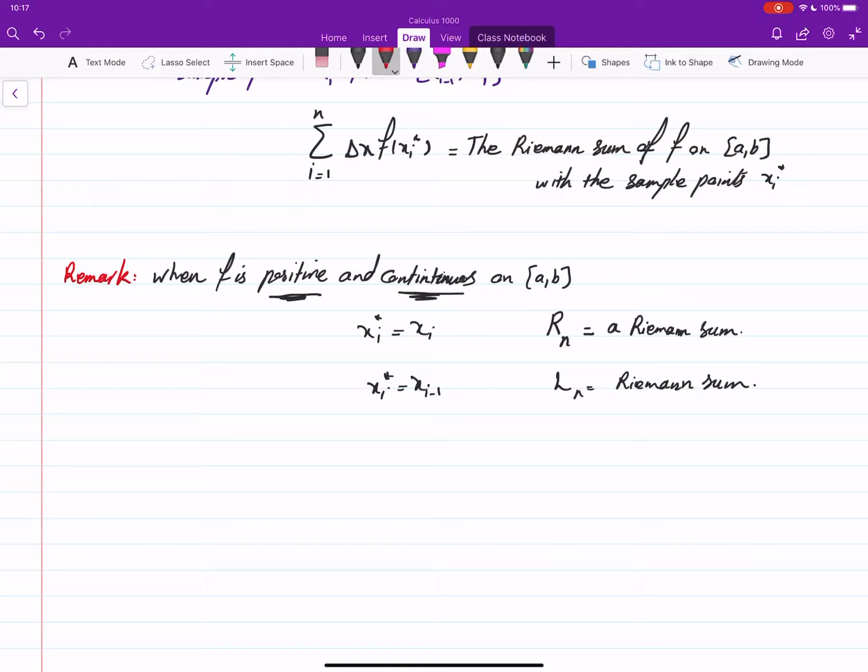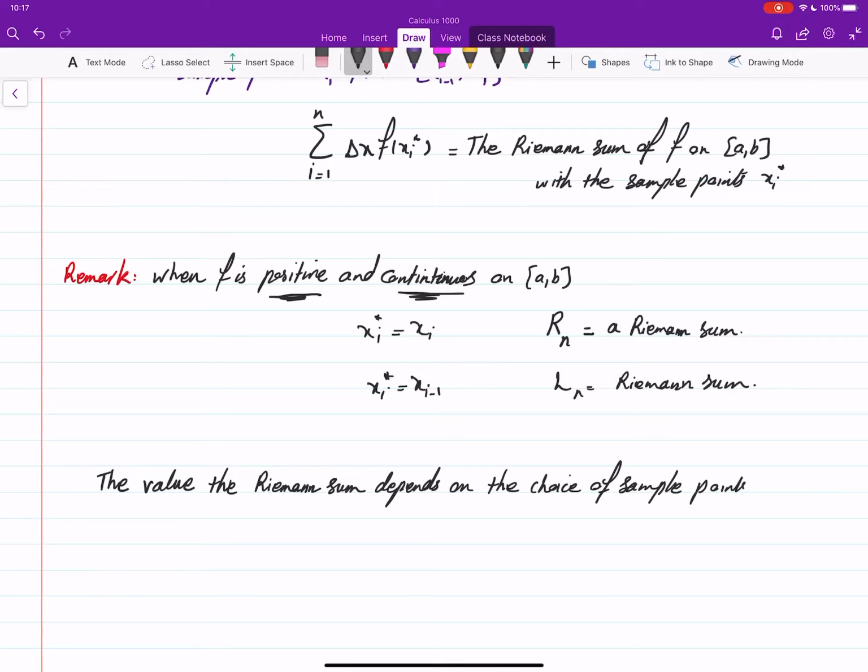The second thing is that for different choices of xi's, the Riemann sum will give you different values. So the value of the Riemann sum depends on the choice of sample points.